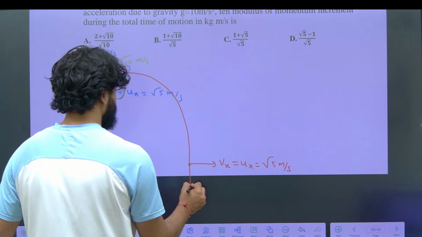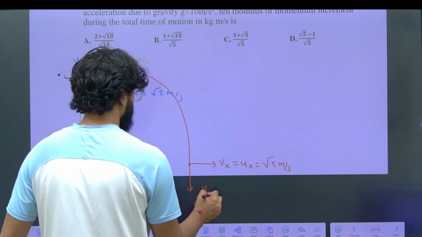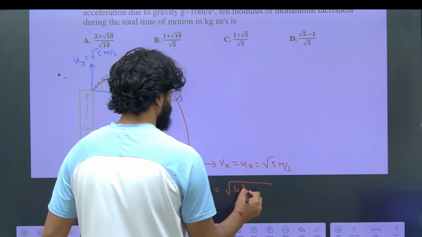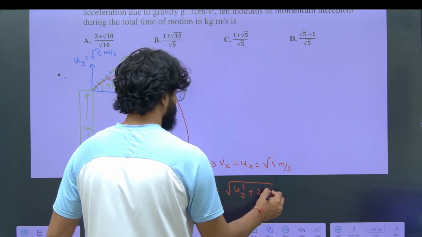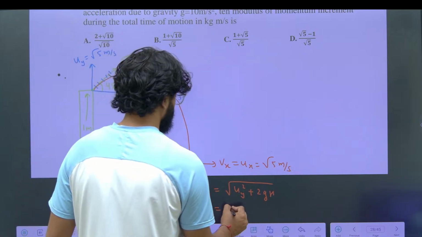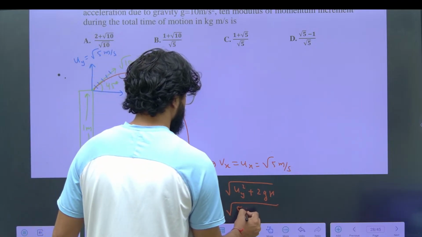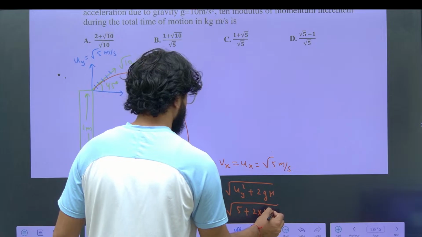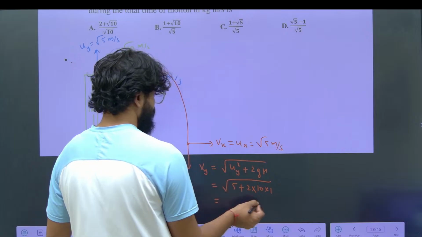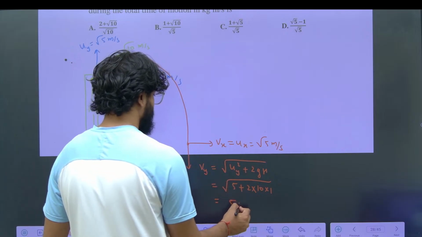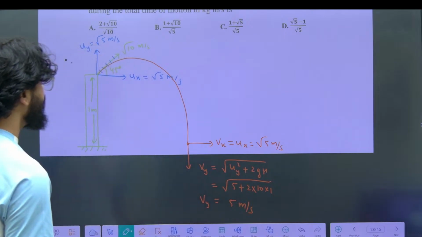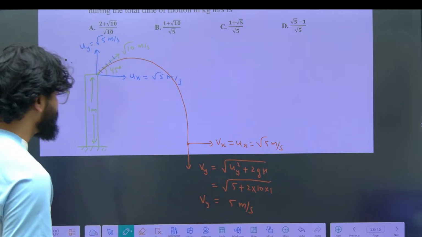And this velocity vy will be under root uy square plus 2gh. So uy square is 5 plus 2 into 10 into 1. Thank God, it is a very good value. This is root 25, which becomes 5 meter per second, so vy comes out as 5 meter per second.